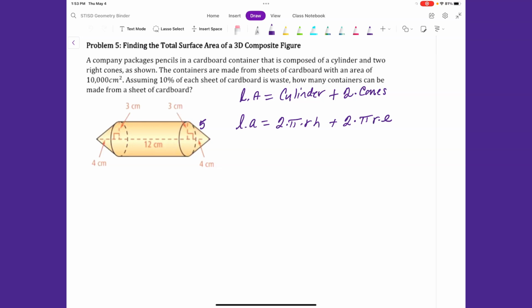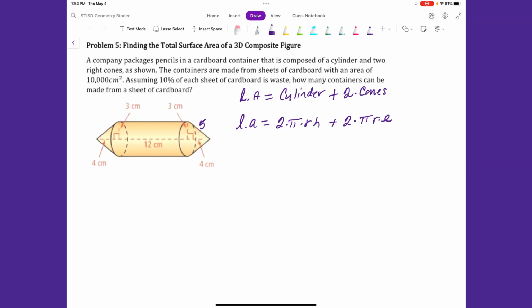Finding the total surface area of a 3D composite figure. In other words, composite means that we have two shapes that are put together. A company packages pencils in a cardboard container that is composed of a cylinder and two right cones.